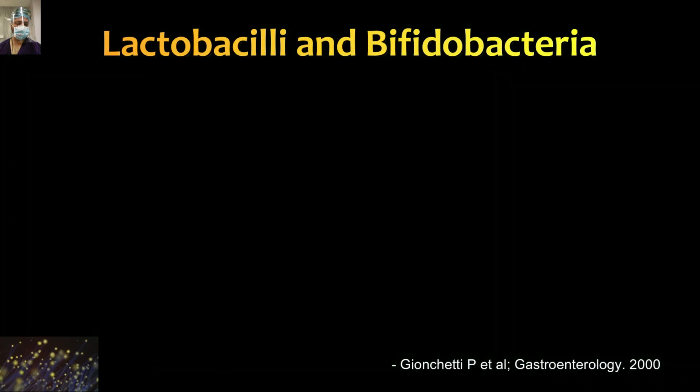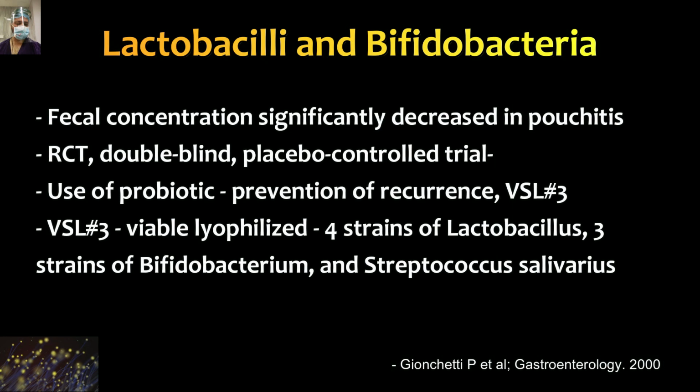So friends, these two commensal bacteria, lactobacilli and bifidobacteria, are the most frequently found bacteria in the feces. In any patient of pouchitis, there is a significant decrease in the concentration of these bacteria.